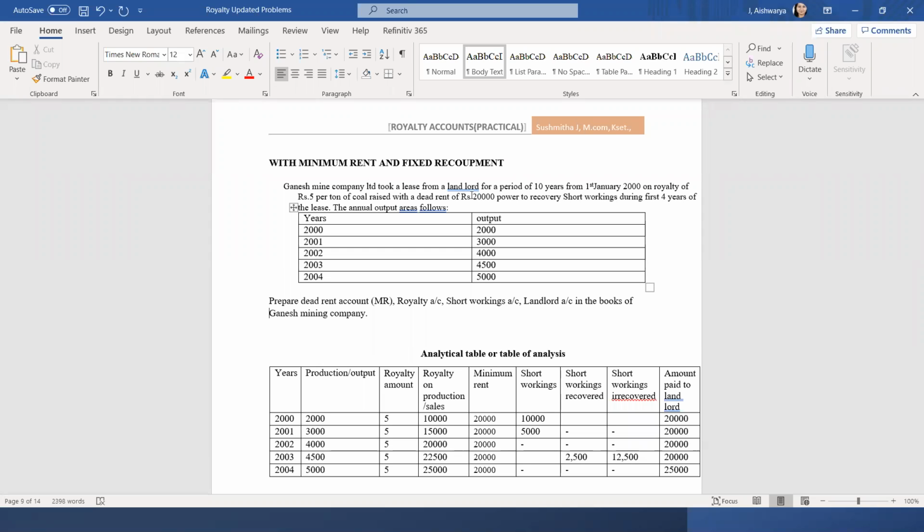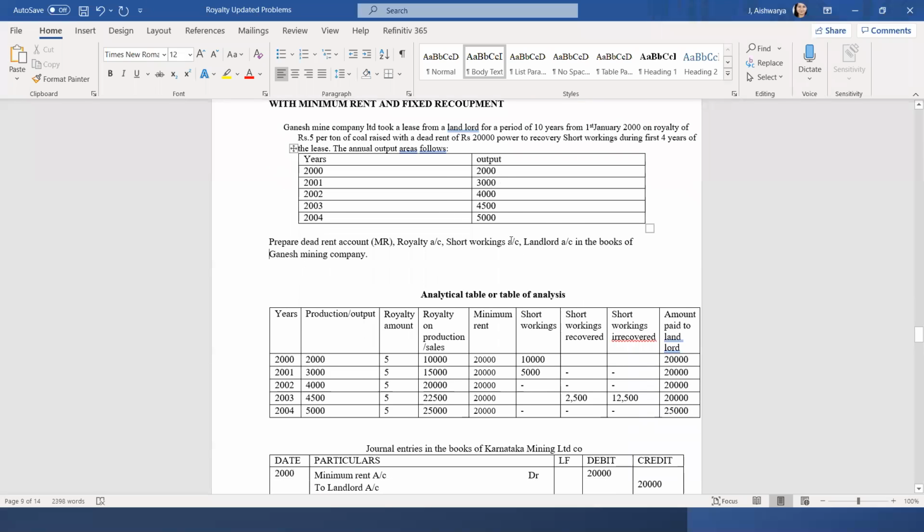So I don't want to take the chance. I'm doing minimum rent also. Only one problem I'm doing, because if I keep doing two or three problems it will be boring for you. So I included all the adjustments here itself.